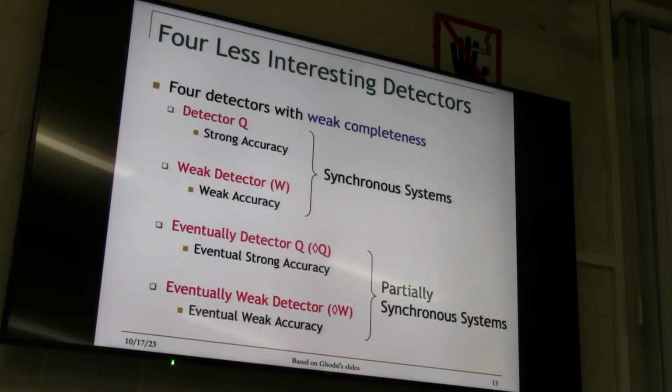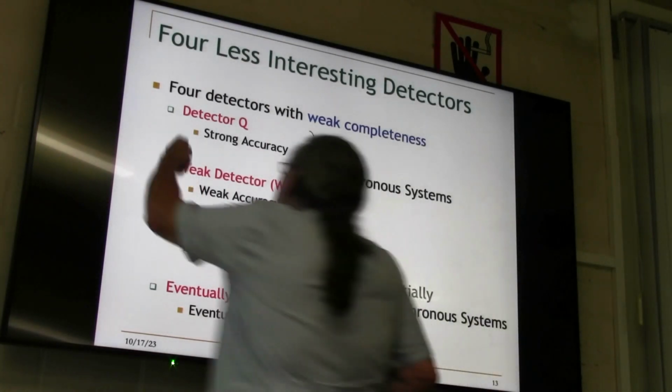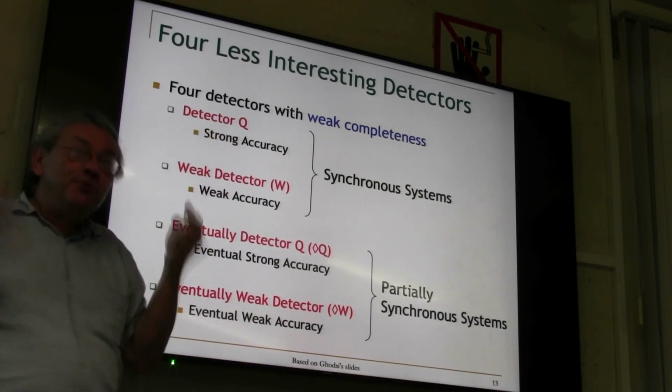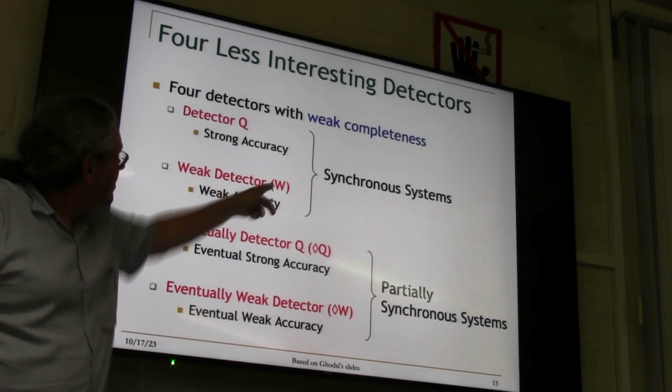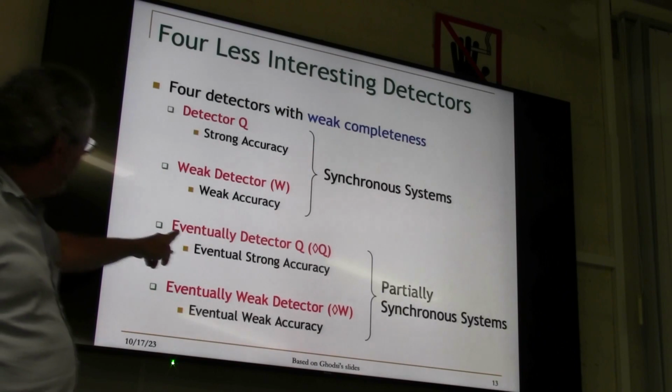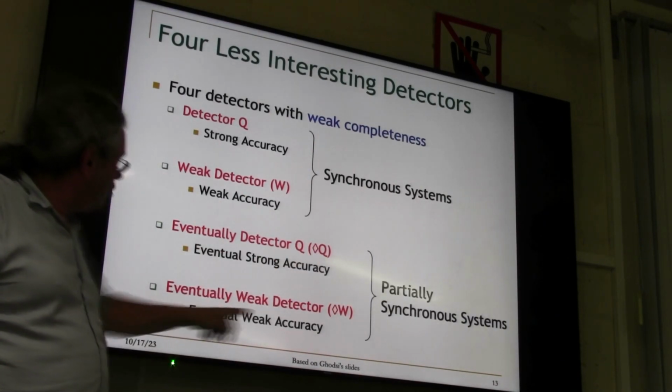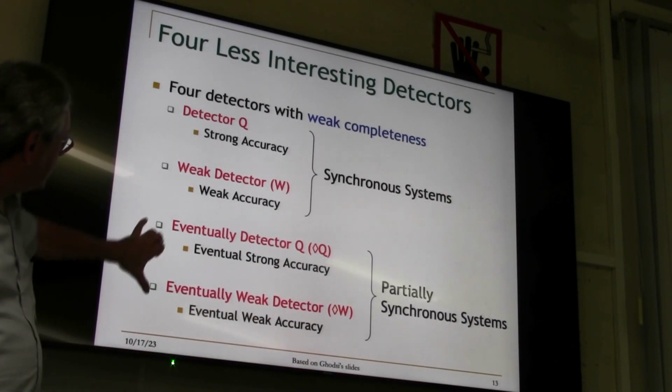You also have detectors with weak completeness. That means only the privileged nodes will see the crashes. So you have the detector Q, which is strongly accurate, and the weak detector, which is weakly accurate, and you have eventually Q and eventually weak. This is for partial synchrony.